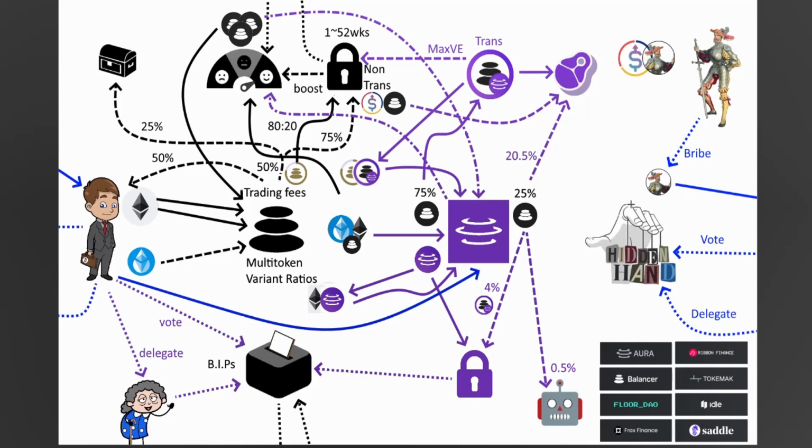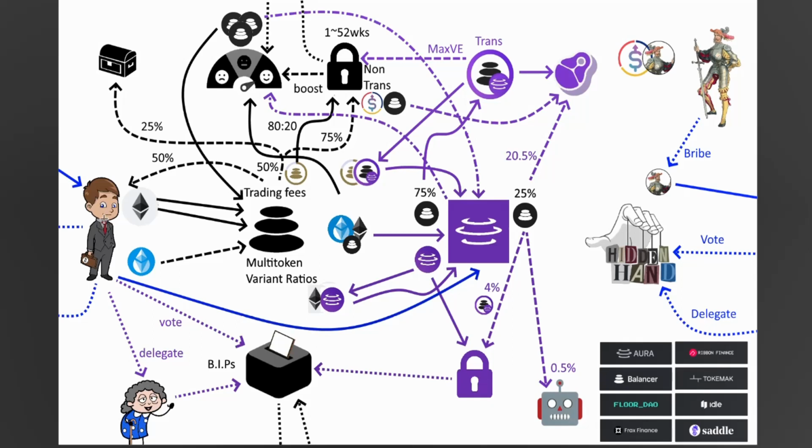All right. Now, what does Hidden Hand do? Hidden Hand allows people to bribe. So here we have Caesar, and Caesar has an LP on Balancer, let's say Caesar token versus bbUSD, and he bribes some Caesar tokens. He wants people to vote on his pool so that people will be like, oh, this pool's got a good APY, and they will supply liquidity to it, right? So he bribes, right?